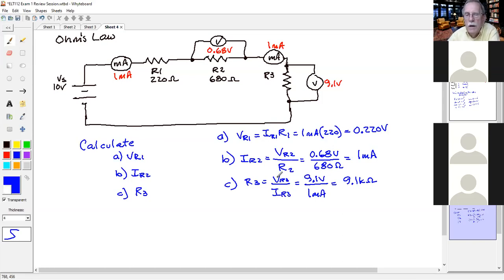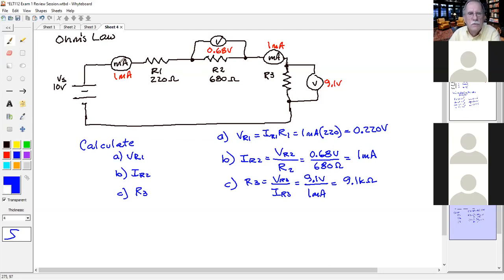But we have to remember that when we plug into these formulas, we always use the voltage that's associated with the resistance and the current that's associated with the resistance, not the supply current. The only time you would use the supply current is if you're using a series circuit, which is not on the exam. This happens to be a series circuit, but we don't need to know anything about series circuits to solve this.